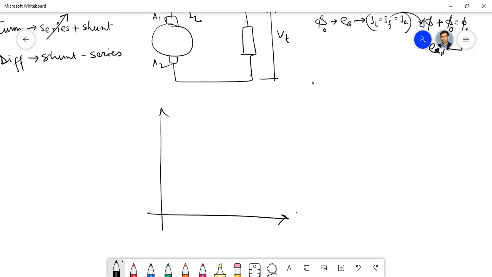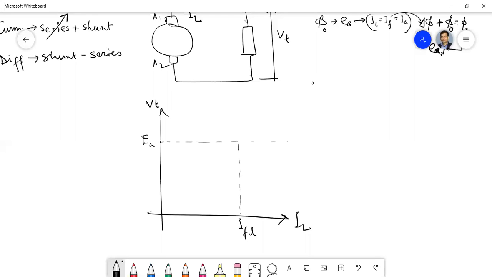Okay, so suppose this is the load current and this is the terminal voltage. This is your EA, and suppose this is your full load current.